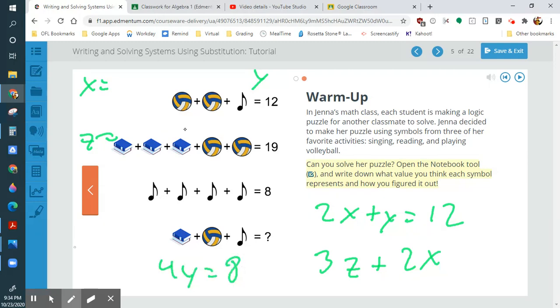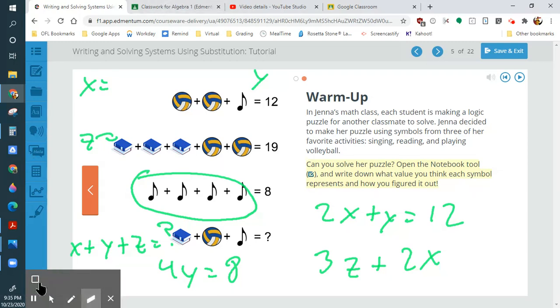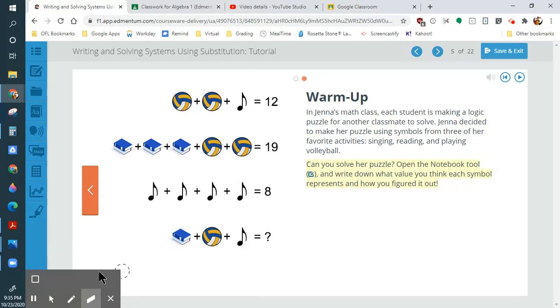And the last one is x plus y plus z equals something. Now, the key to this, if you guys have done these logic puzzles before, is to figure out the one where all of them are the same, because this is the easiest one to solve. And we're going to go over how they solve that in this question. So let's get to that.